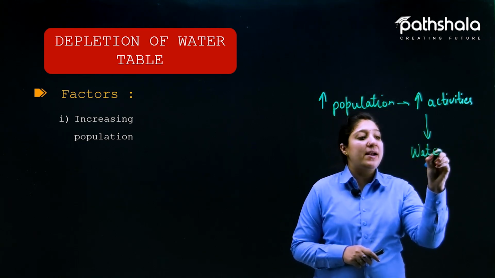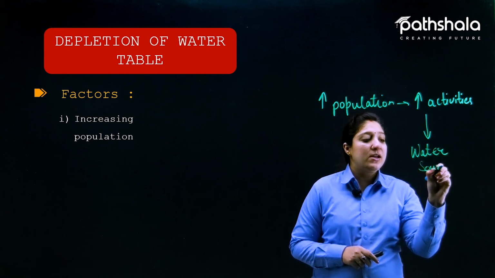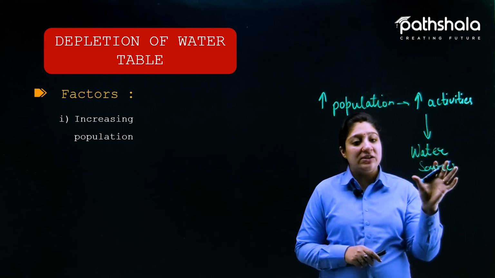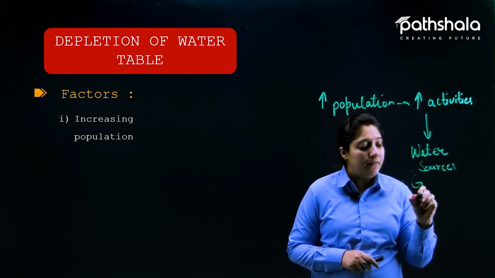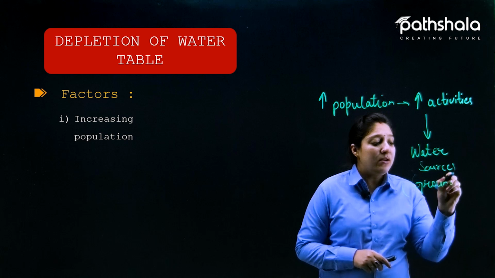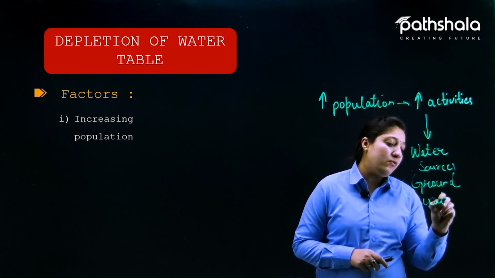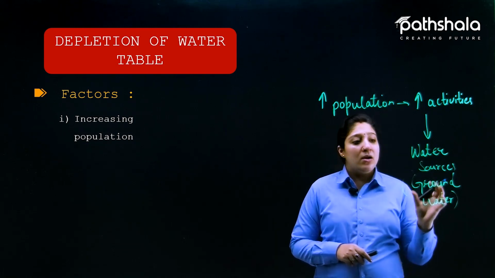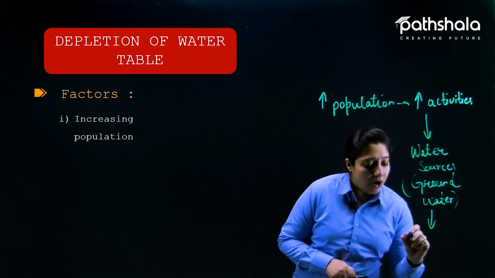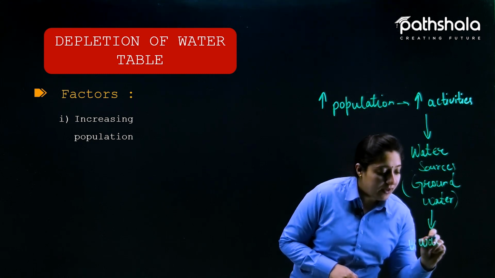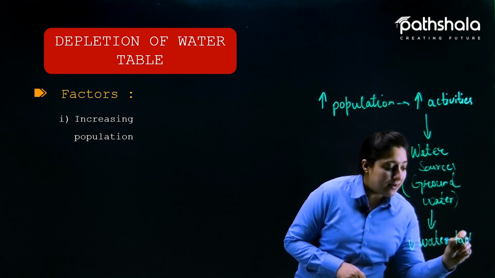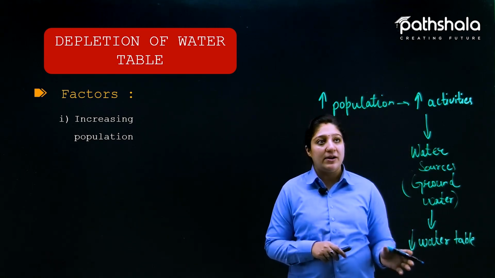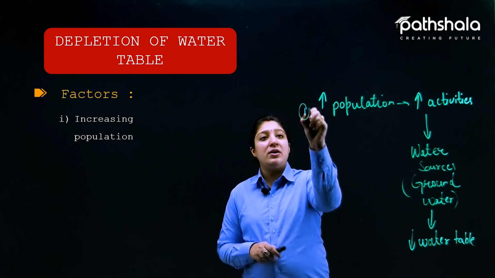They depend on different water sources like wells, hand pumps, and other sources from where they get water, which is our groundwater. When more people are using water present in the form of groundwater, the water table will decrease, and as a result, the water present in the water table will be depleted from time to time. So this is a very important factor.